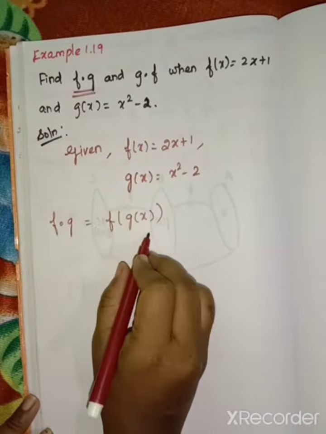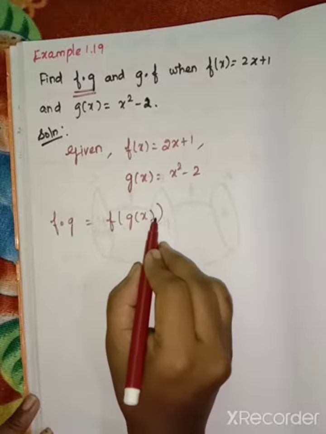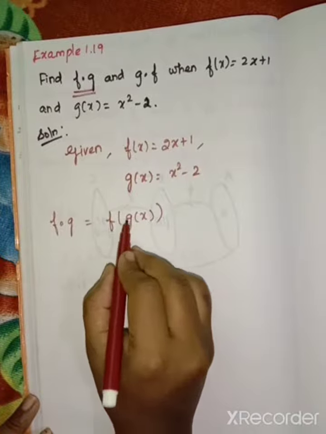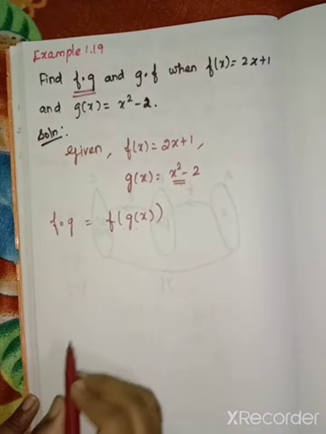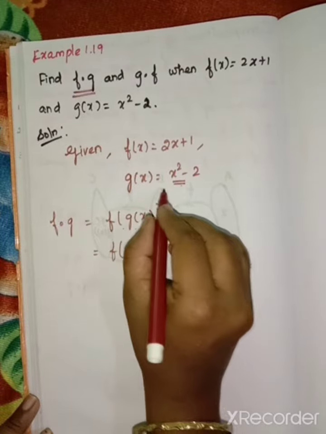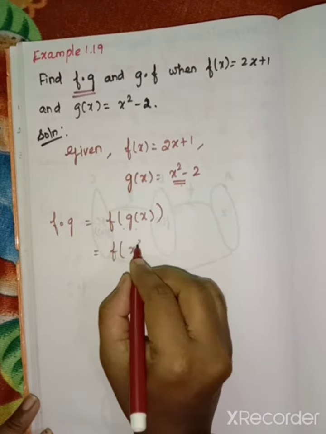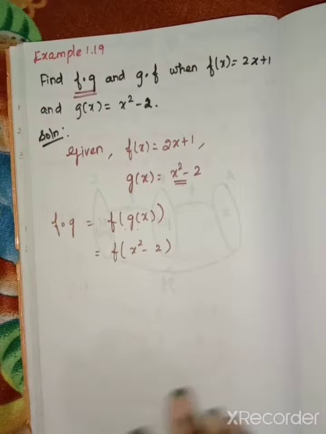Like that we want to change. So f of g of x means g of x is in the bracket. For g of x, the given value we want to substitute. So f of, in place of g of x, we want to substitute x squared minus 2.